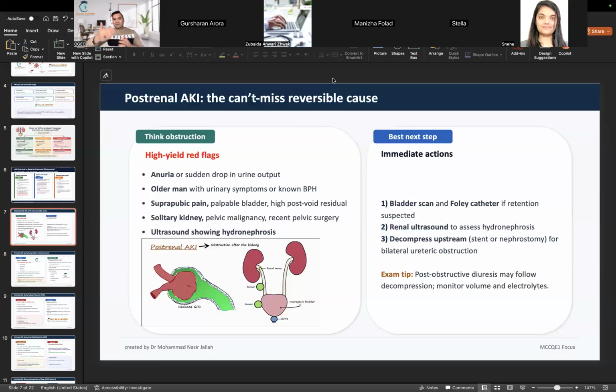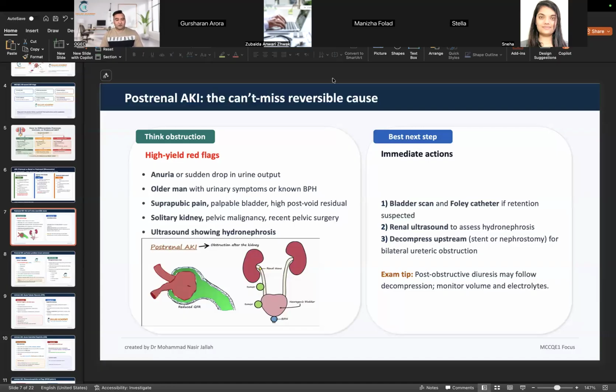So there might be something obstructing. And high post void residual, obviously. A solitary kidney could also be a reason. Pelvic malignancy or recent pelvic surgery is another clue that should raise suspicion about post-renal acute kidney injury.